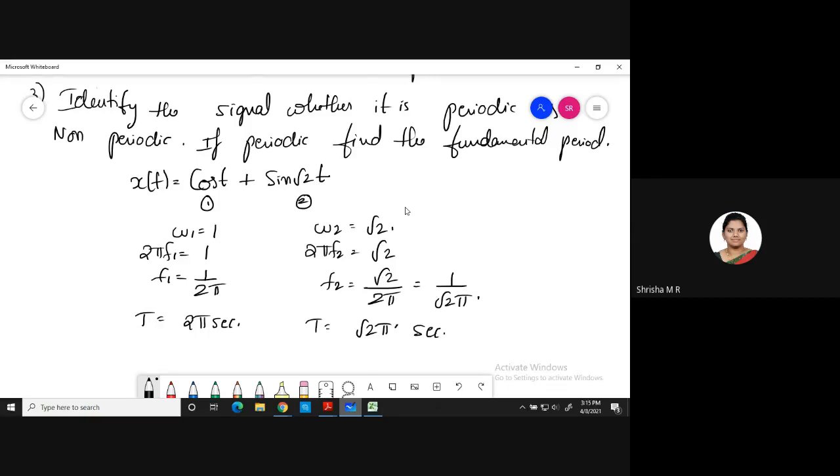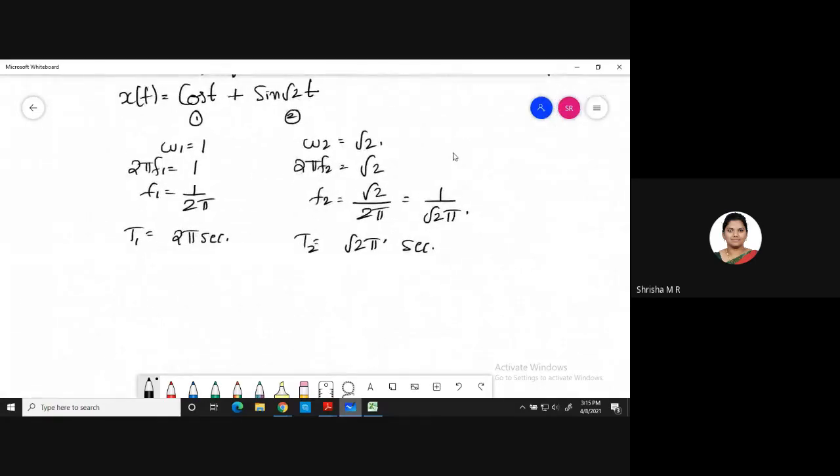So this is T1 and this is T2. Don't come to a conclusion after seeing T1 and T2. Try to take the ratio of T1 and T2. If you take the ratio of T1 by T2, what do you get? 2 pi by root 2 pi. You get root 2.